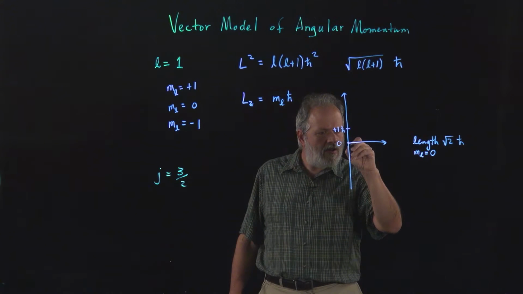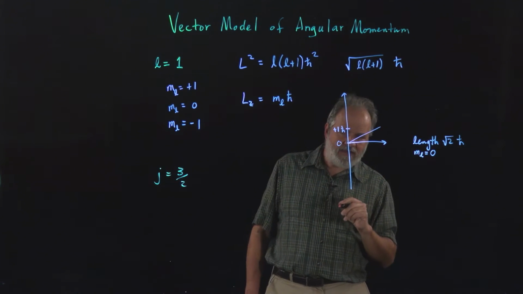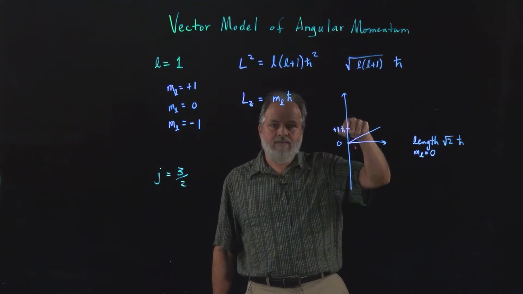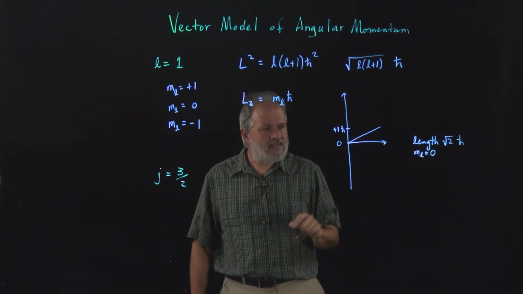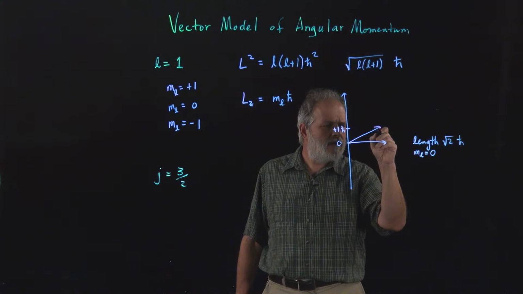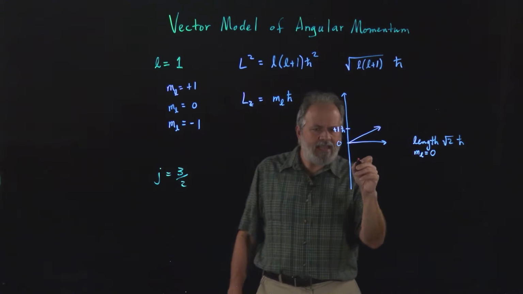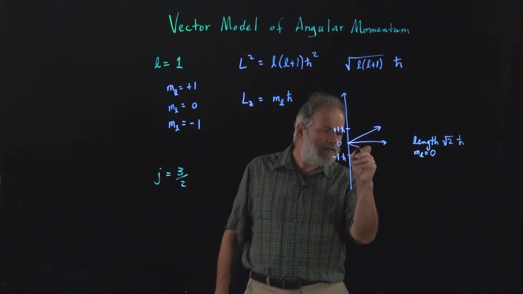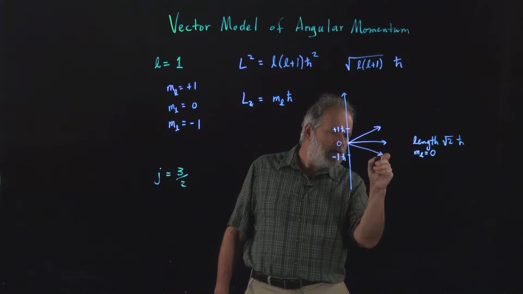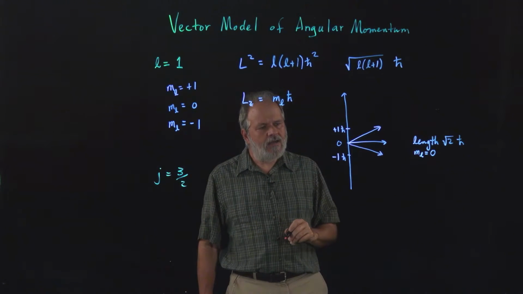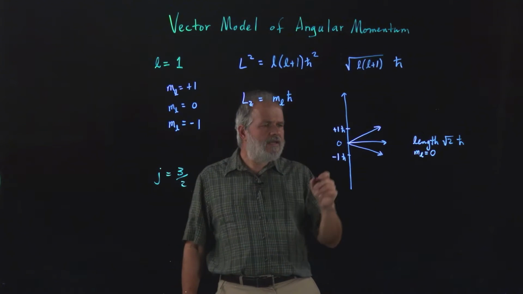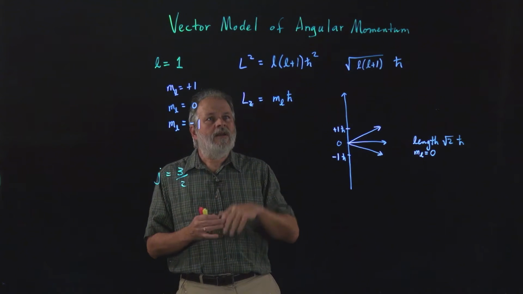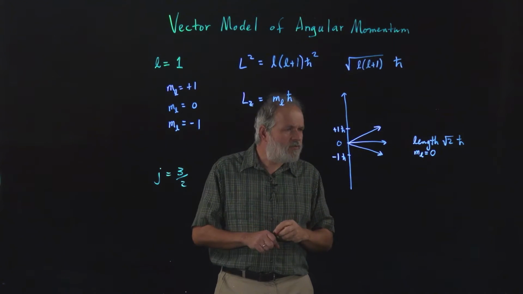Well, you're going to draw a vector of the same length such that the vertical component has a projection onto the z-axis of plus 1 h bar. All right. And we do exactly the same thing for the minus 1 h bar. I'm not a perfect artist or anything like that, but those are the 3 possible orientations of an angular momentum where L squared is 2 h bar squared.